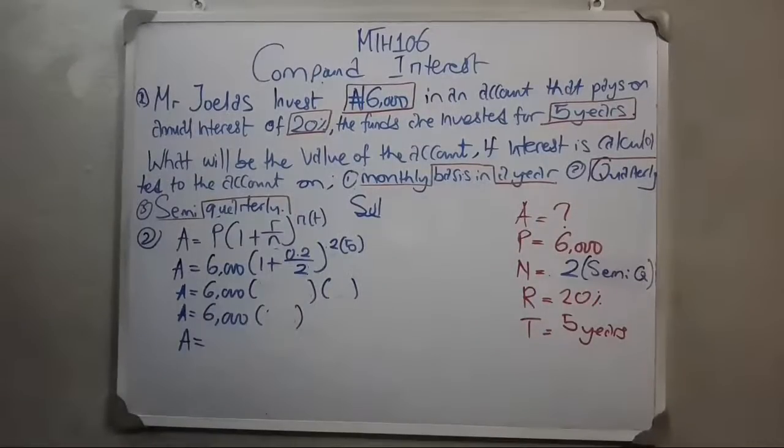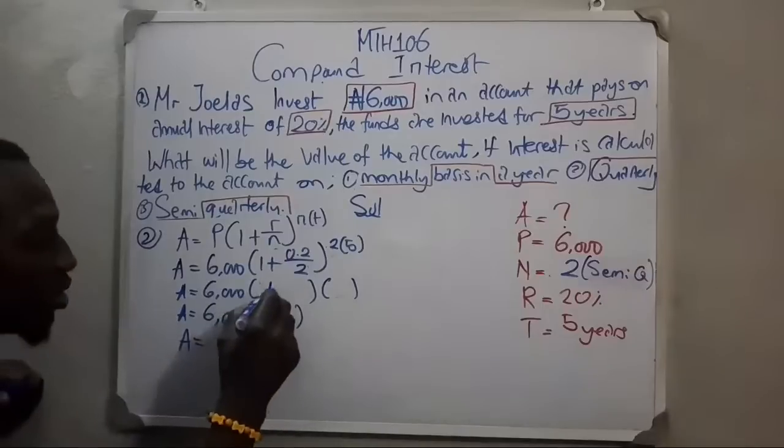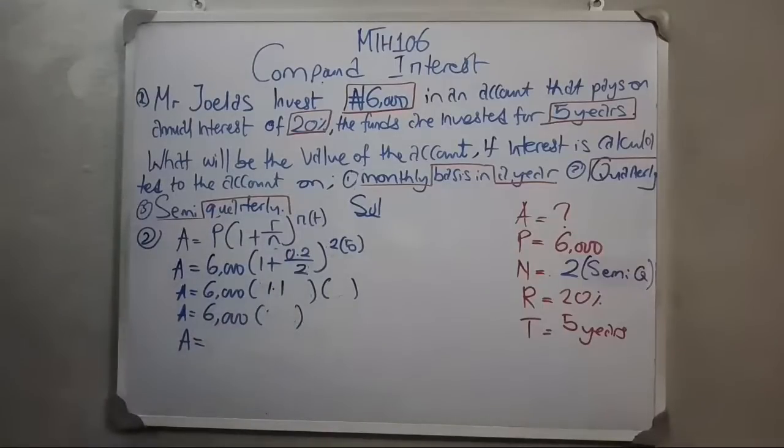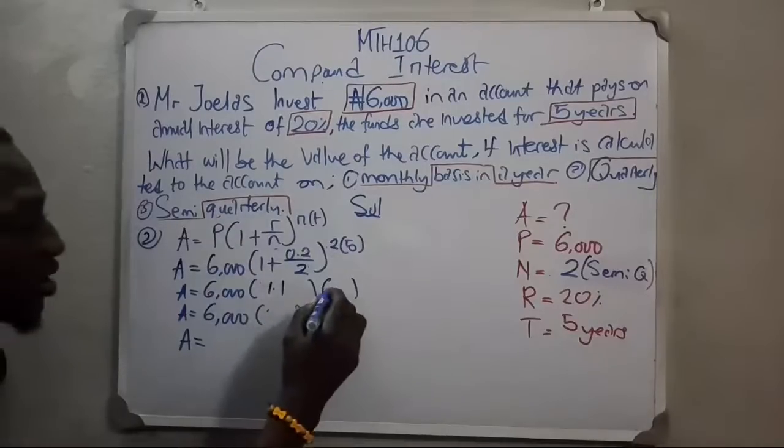We have 0.2 divided by 2. All right, this gives us 0.1, plus 1 is 1.1. Here we have, this should give us 10. All right, we have 10 here.